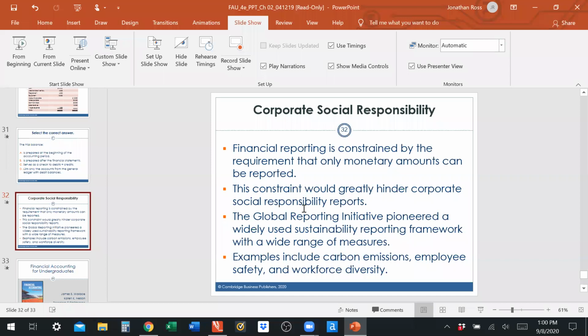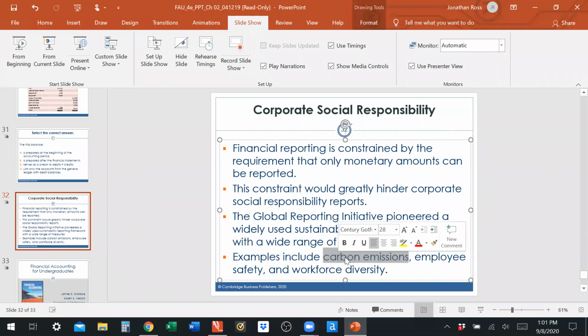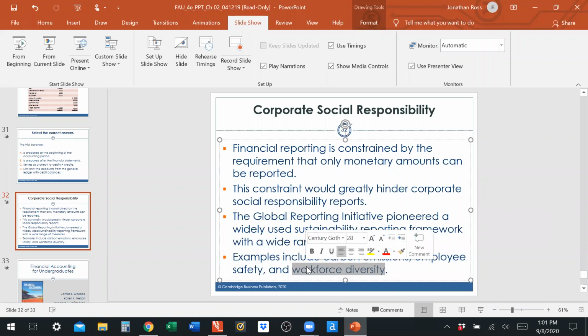So increasingly companies have voluntarily, in addition to releasing their financial statements to the general public based on what the SEC requires them to do by law, released a report that talks about how socially responsible they are. Like they'll talk about the carbon emissions, they'll talk about their employee safety, they'll talk about their workforce diversity and things of that nature.